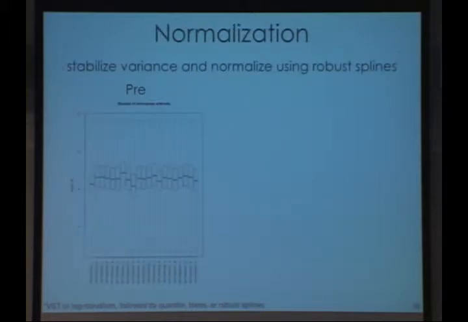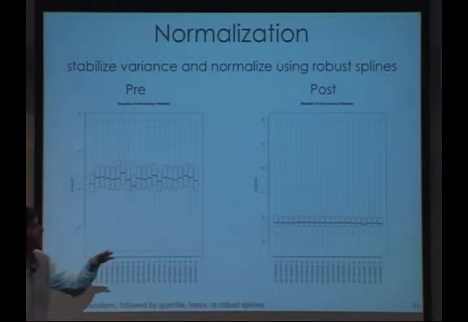Okay? All right, and in the normalization, just to give you guys a flavor for what happens, this is using robust splines. You get a very similar effect if you use quantile normalization. So you can see for each sample, there's 20 of them. They all have different mean expression and variance, and the goal is to normalize the mean expression so it's about the same across all samples.